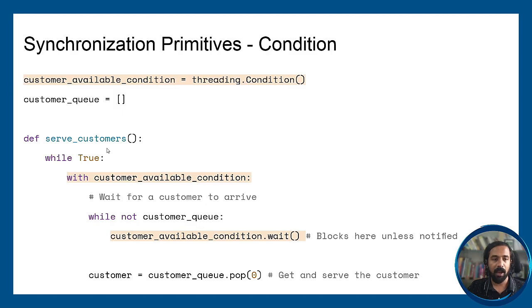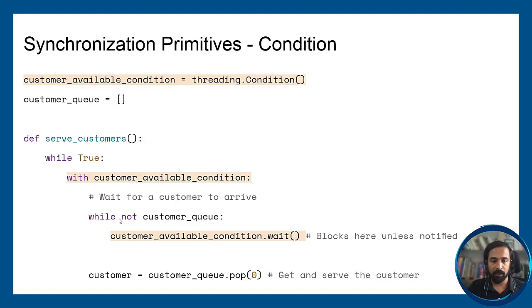Next, we have the serve customers function, which represents a customer service agent serving an available customer. It runs in an infinite loop, so whenever a new customer arrives, we need to serve them. Here also, initially we are acquiring the lock using it as a context manager.